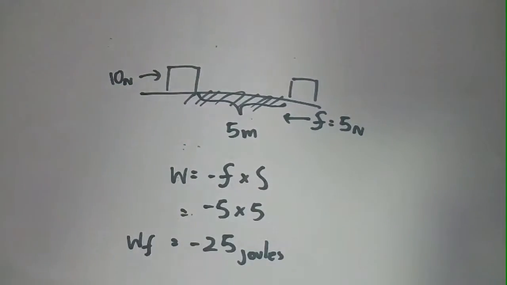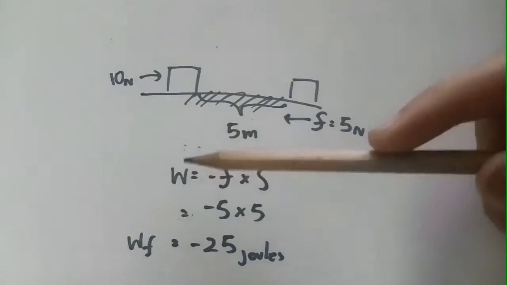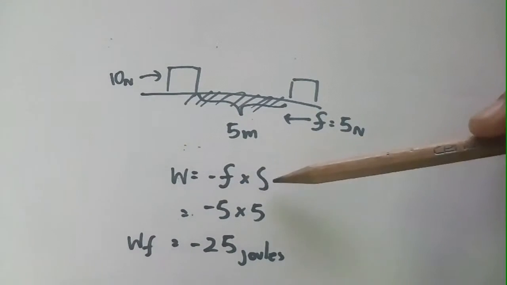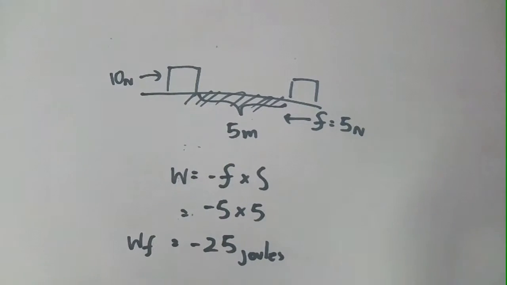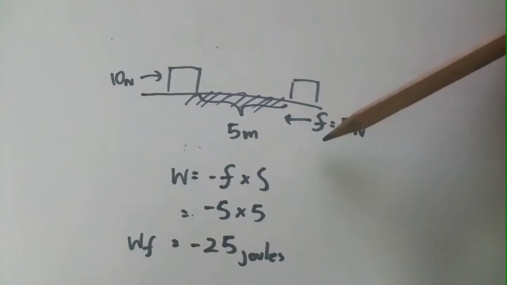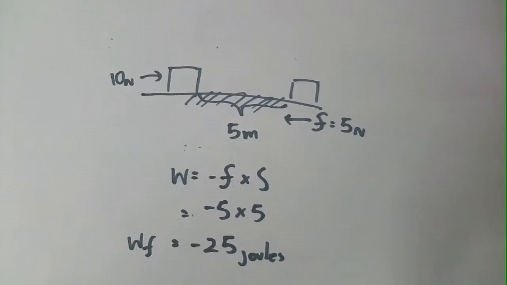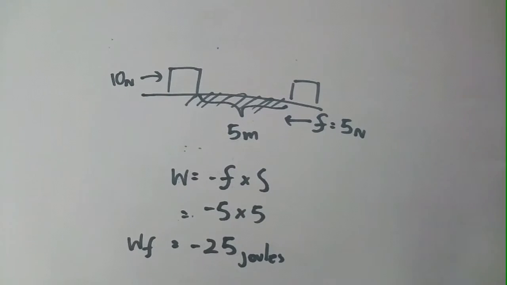But if there's friction on the surface, how can we find work done by friction force? We use the same thing, W equals F times S. Friction force is negative because the object is moving from left to right, but the friction force is trying to make the object move from right to left, so it is in the opposite direction, so it's negative.